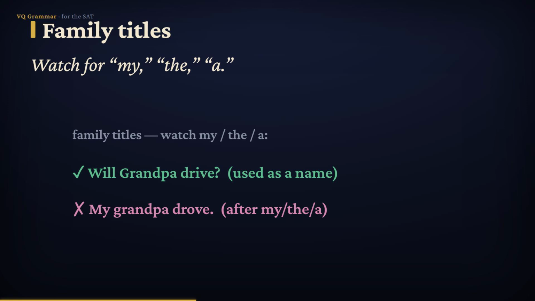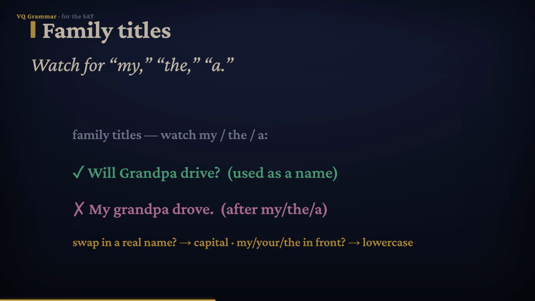My grandpa drove. You'd never say my David, right? So here, grandpa is just a plain common noun, lowercase. Quick test. If there's a my, your, or the sitting in front of the family word, keep it lowercase.